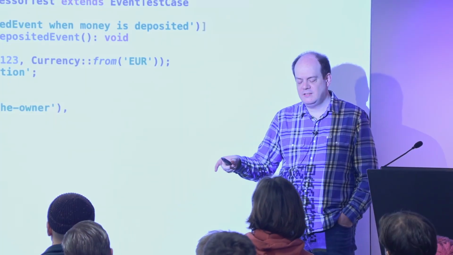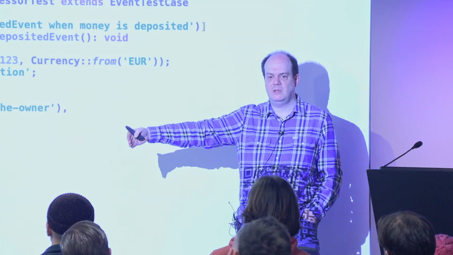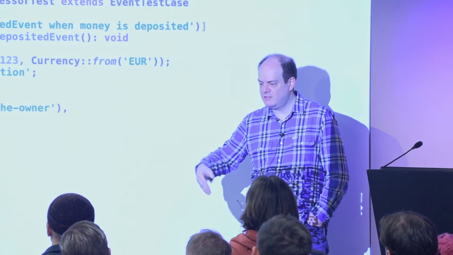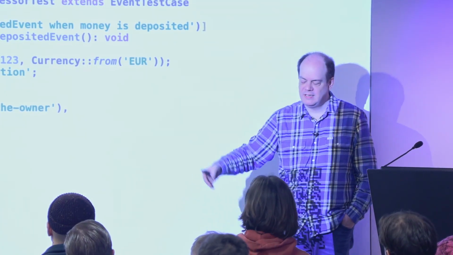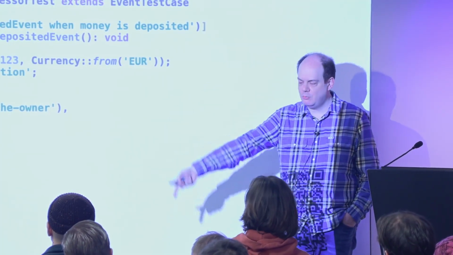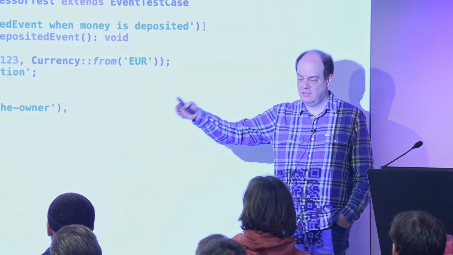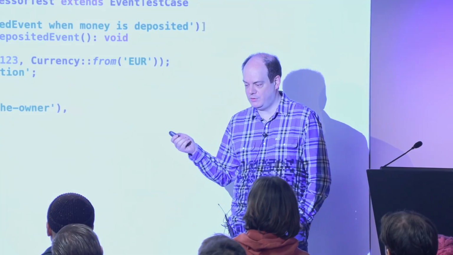For this test, I assume that these events have happened in the past. I want to test the deposit money command processor test. I can only deposit money into a bank account that has been opened. So I assume given an account has been opened.